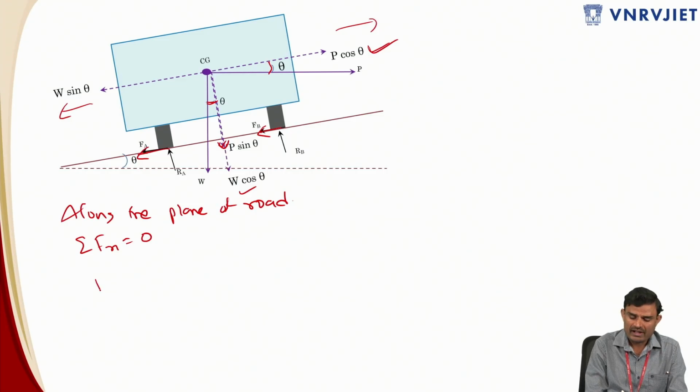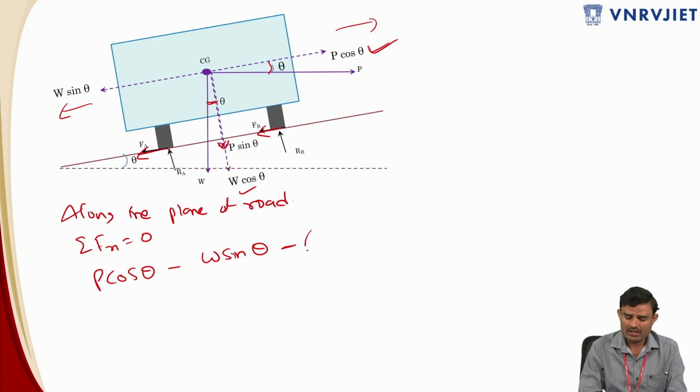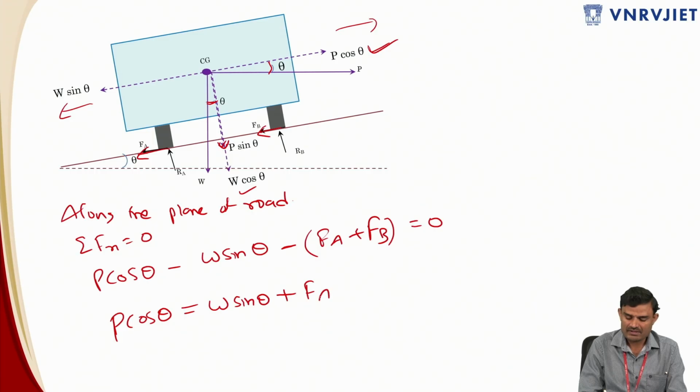So you have P cos theta minus W sin theta minus FA minus FB, writing in the bracket FA plus FB, is equal to 0. So P cos theta minus W sin theta minus (FA plus FB) is equal to 0.